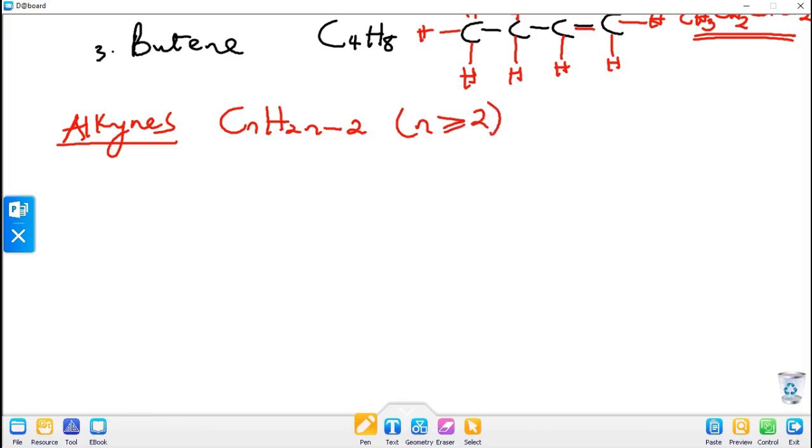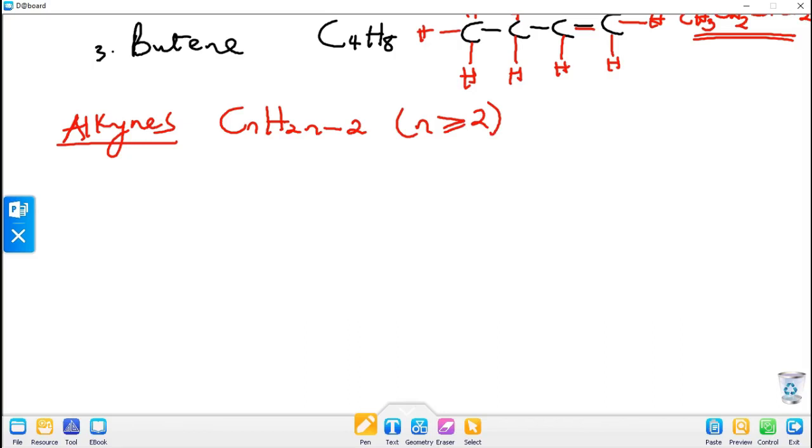So they don't have a 1 in their family. That is to say, n does not begin from 1. n is either greater than or equal to 2, from 2 and above.